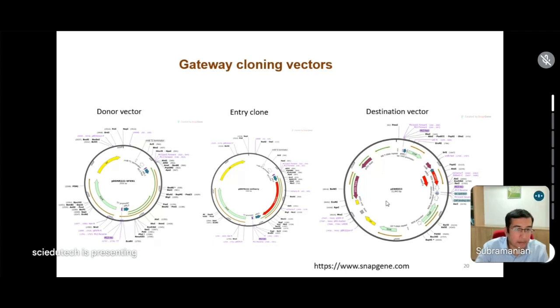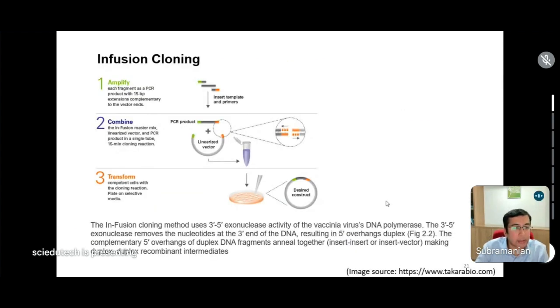Next slide, please. And similar to that, there is something called In-Fusion cloning. In In-Fusion cloning, you amplify a gene, and each end of the PCR product has a 15 base pair extension, which has complementarity to the vector ends. Then you combine this PCR product with the linearized vector in a single reaction tube with a particular enzyme.